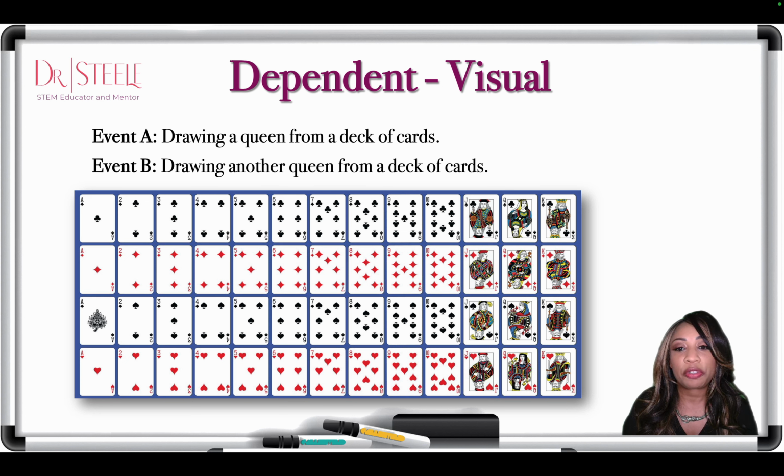Let's say we drew a jack of clubs. Then we still have 4 queens left. So for event B, the probability of drawing a queen would be 4 out of 51. And so that is an example of a dependent event.